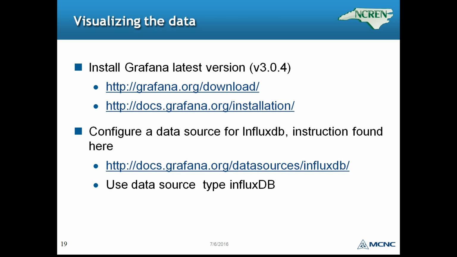Now, before 3.0, it would actually have two data source types for InfluxDB. It had like an 8.x and a 9.x. The reason being is that it interacted with those two databases differently.